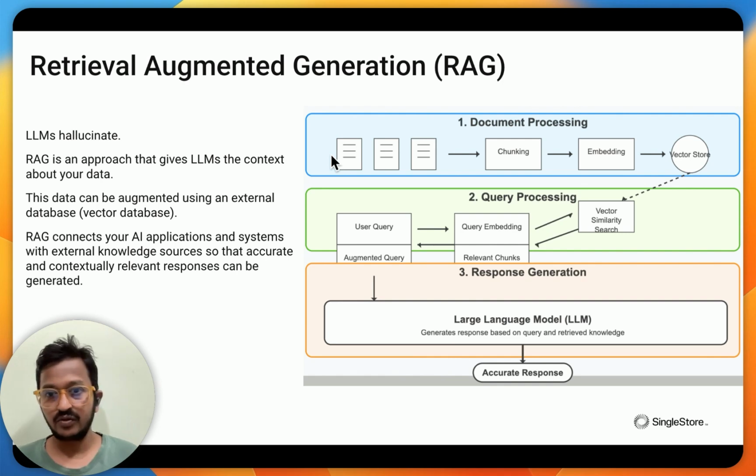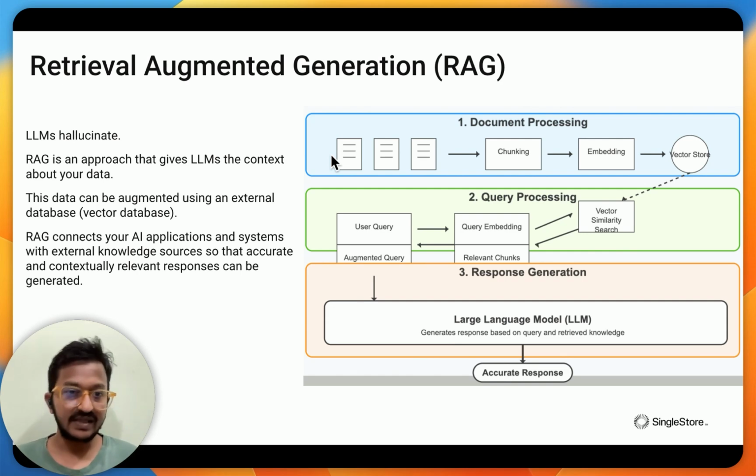To mitigate this LLM hallucinating behavior, we basically have three important techniques: one is fine tuning, the second is prompt engineering, and the third one is RAG, which we are talking about now. RAG is an approach that gives LLMs the context about your data, where through an external database you feed in the proper data so that the LLM can fetch the proper data without hallucinating.